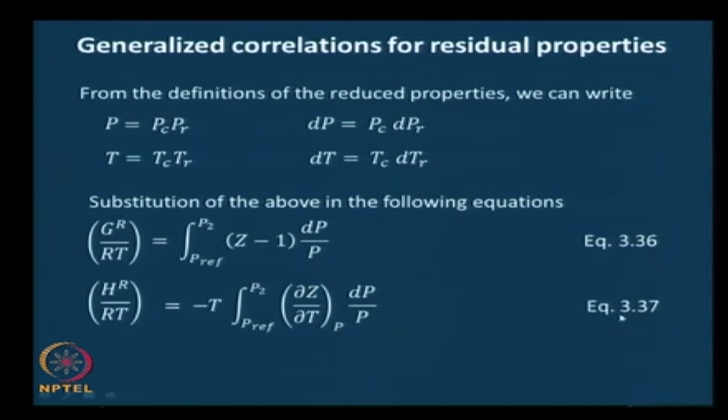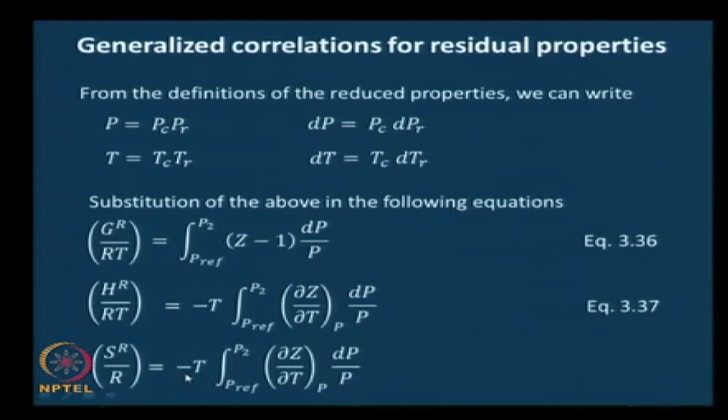This was equation 337, and SR by R equals minus T times the integral of P reference to P2 of dou Z dou T at constant P dP by P, minus the integral of P reference to P2 of Z minus 1 by P dP, equation 339.